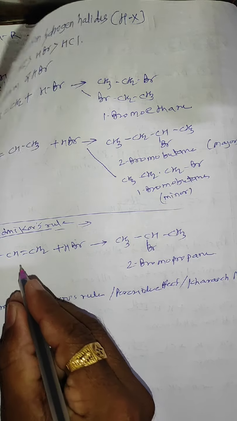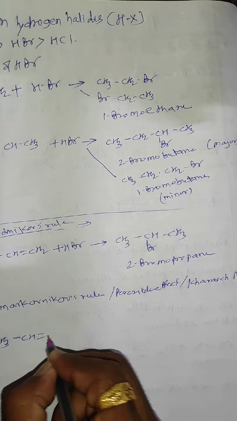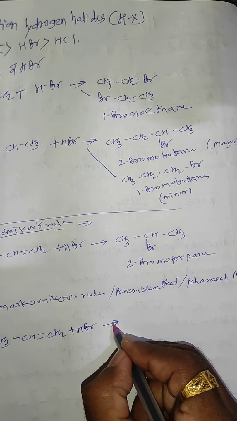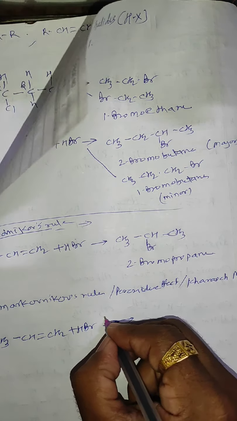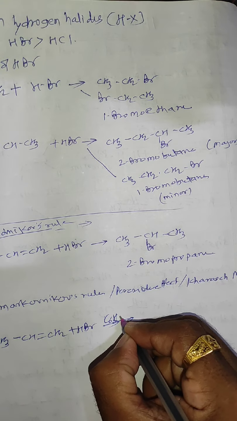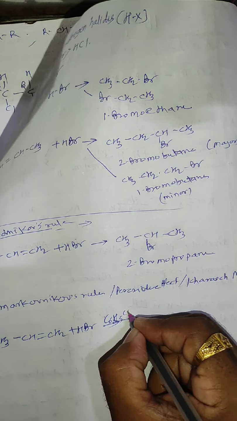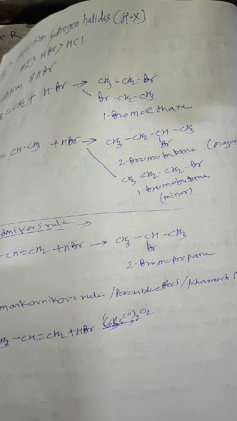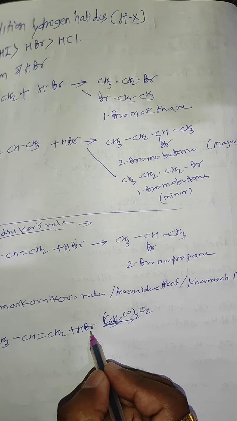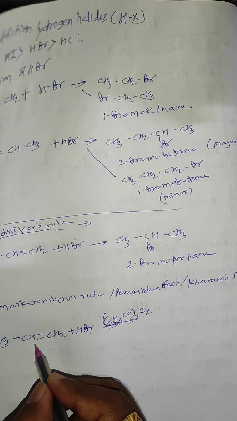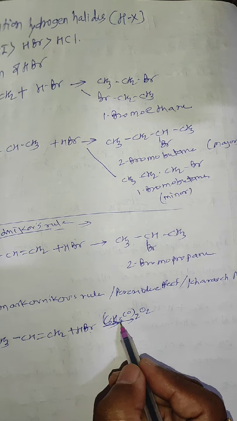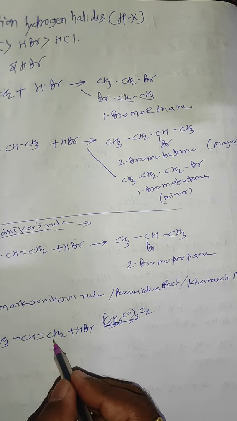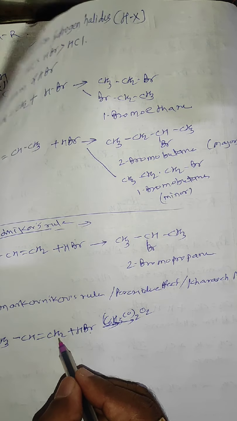Same example, an unsymmetrical alkene like CH3CH=CH2 plus HBr in the presence of peroxide, that is hydrogen peroxide or benzoyl peroxide, (C6H5CO)2O2. When an unsymmetrical reagent like HBr is added to an unsymmetrical alkene in the presence of hydrogen peroxide or benzoyl peroxide, then the negative part of the reagent goes to that carbon of the carbon-carbon double bond which has the greater number of hydrogen atoms.